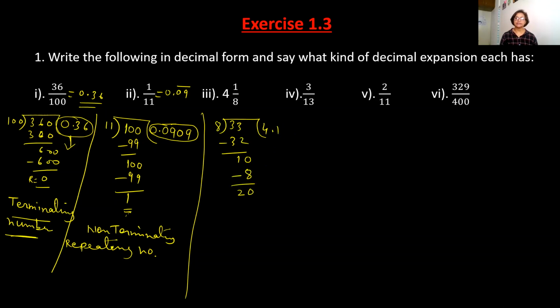Then you will add 1 zero. So 8 2s are 16. Then you will get remainder 4. You will add a zero, 40. 8 5s are 40. So you are getting remainder 0 here. So the decimal expansion of 4 whole 1 by 8 is 4.125. And which kind of number is it? Terminating number.